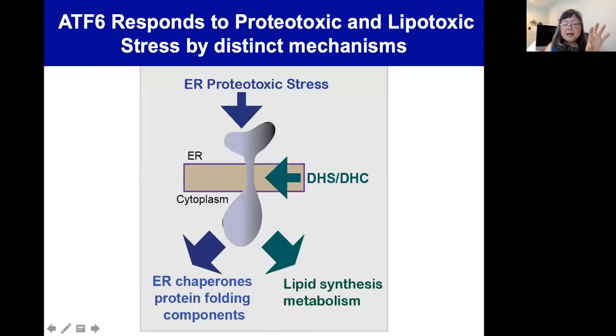So perhaps, based on the transcription output, activation through this transmembrane domain by sphingolipids is more geared towards taking care of lipid synthetic needs, the lipid-related functions.